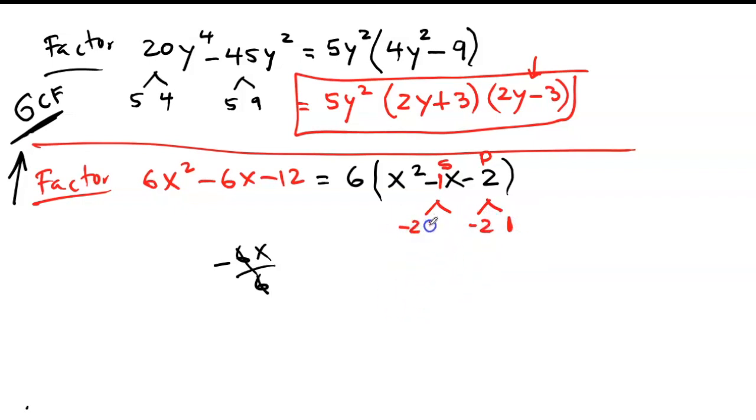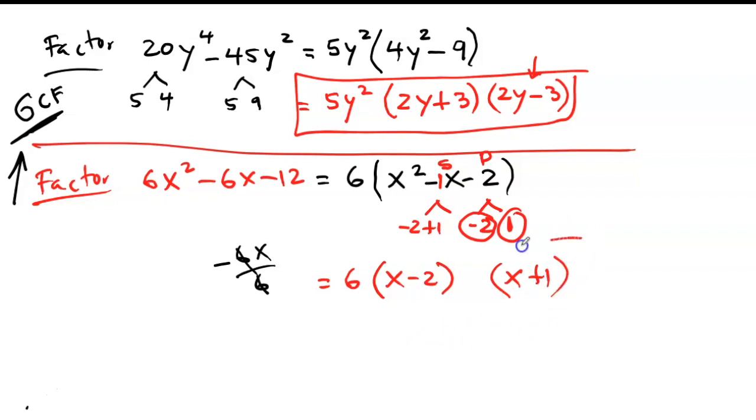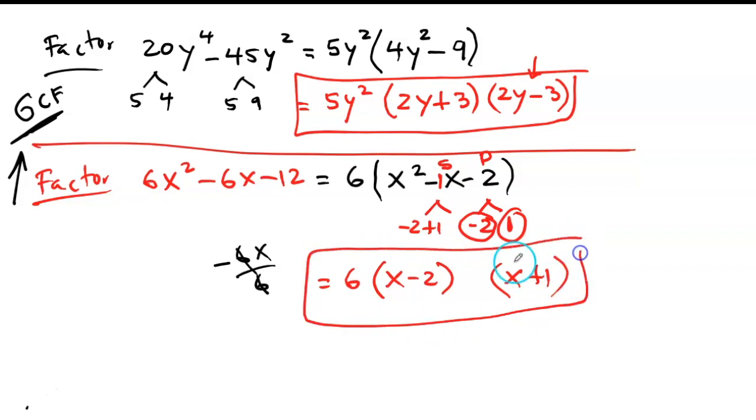Why? Because negative 2 plus 1 gives me negative 1. So my numbers are negative 2 and positive 1. Whatever's on the outside, you have to bring it. The trinomial, two parentheses, x squared, my numbers. And now I'm done. So just to show you that you have to be careful with this thing.